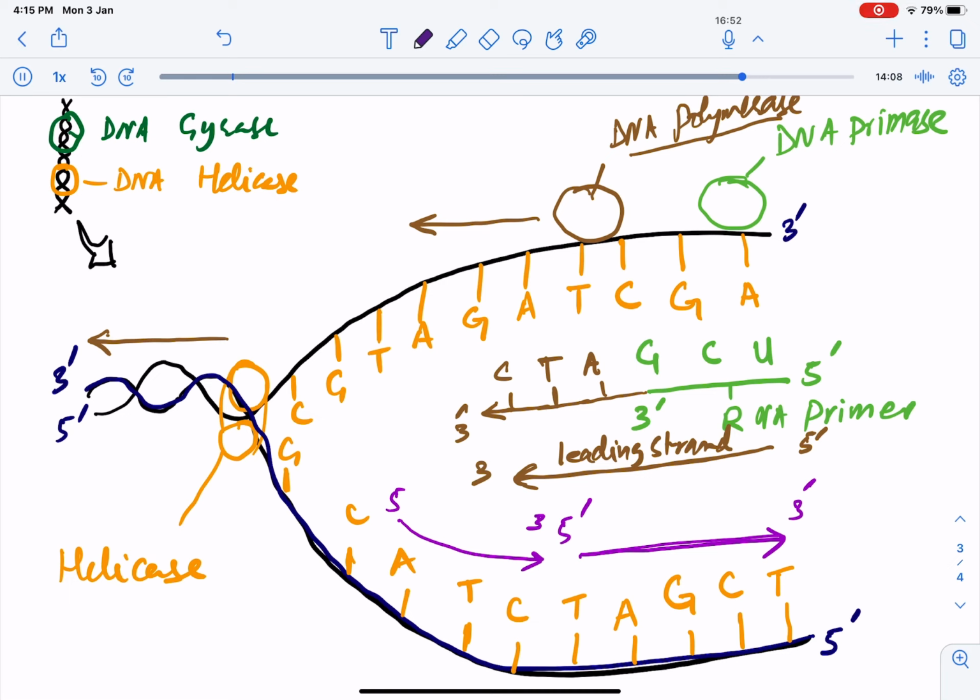So this would make a discontinuous chain in fragments. These fragments are known as Okazaki fragments, and this is also known as lagging strand.